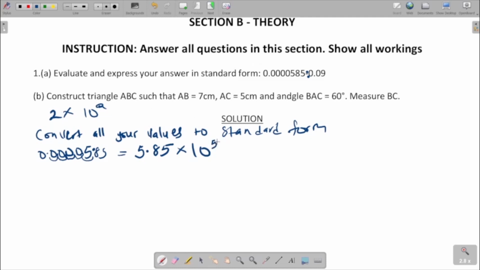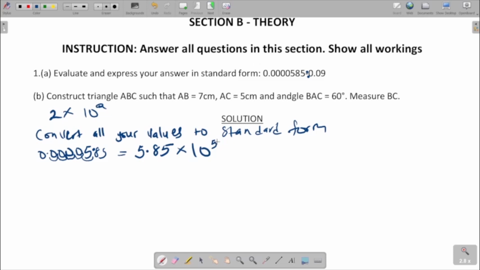The second thing we have to consider is where we are shifting the dot to. If you are shifting towards the right hand side, we'll be having negative, that is minus, the number of shifts we did. But if we are shifting to the left hand side, we'll be having a positive value.